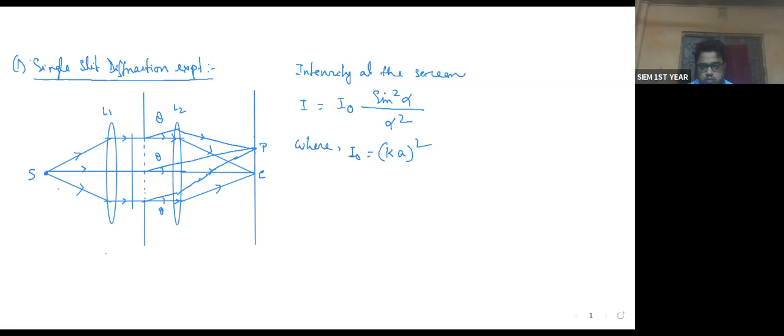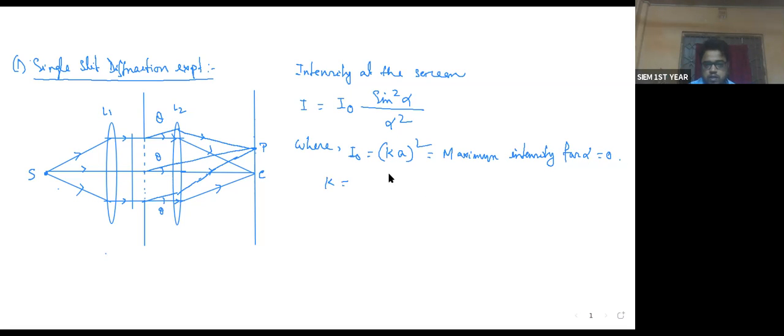Intensity is actually the square of amplitude. This is the maximum intensity, for alpha equals 0.